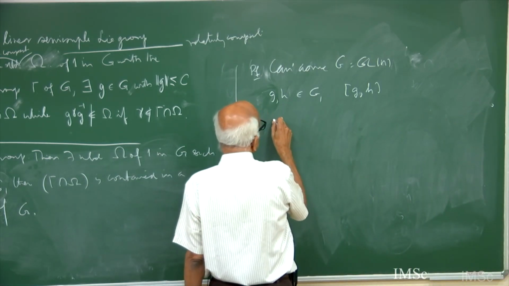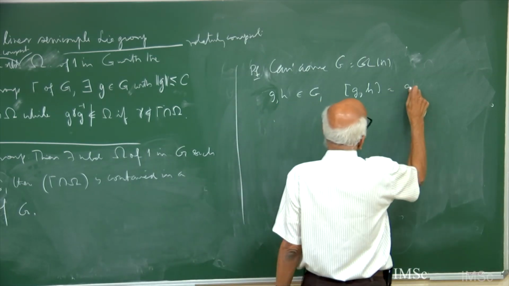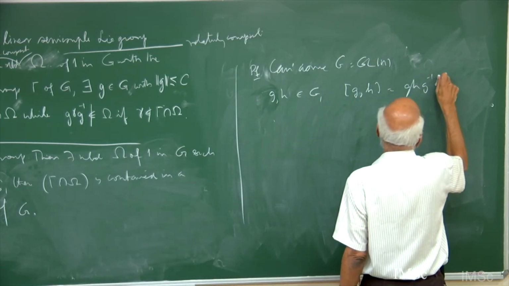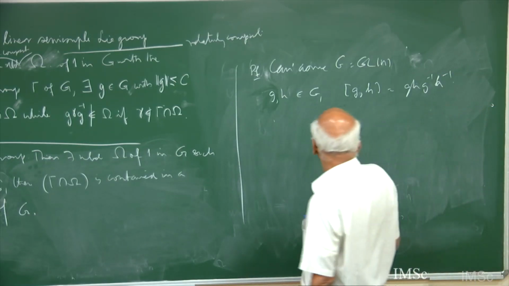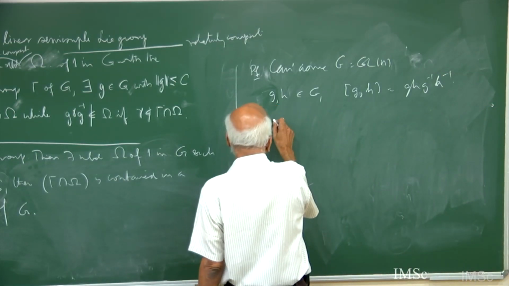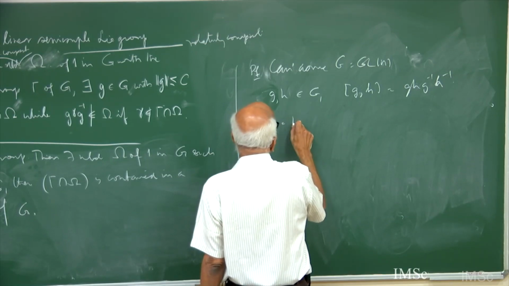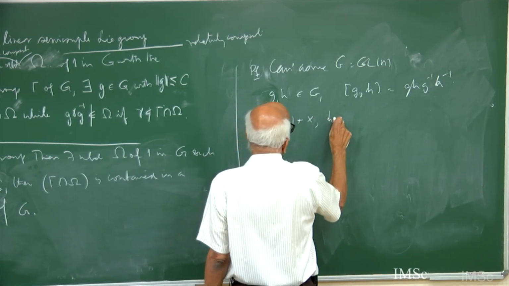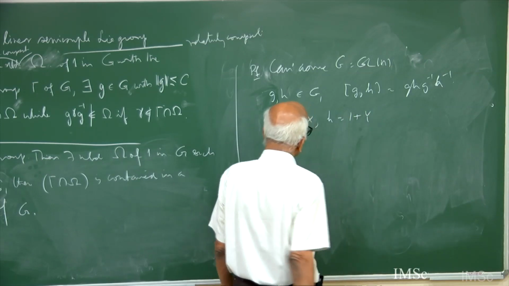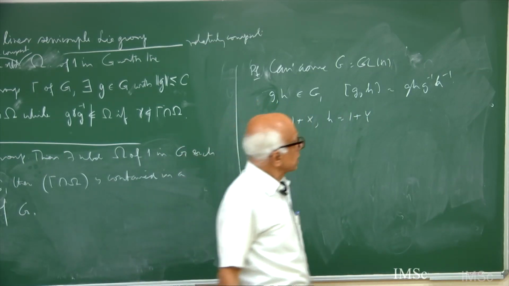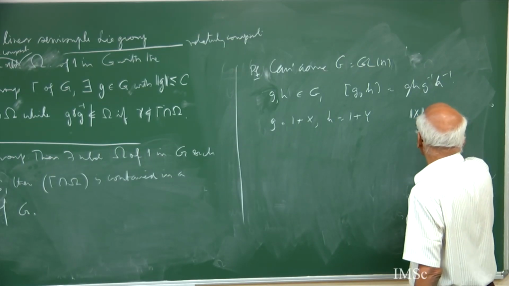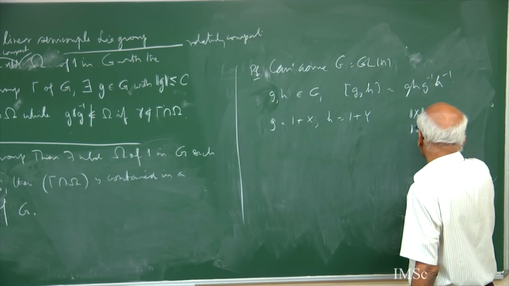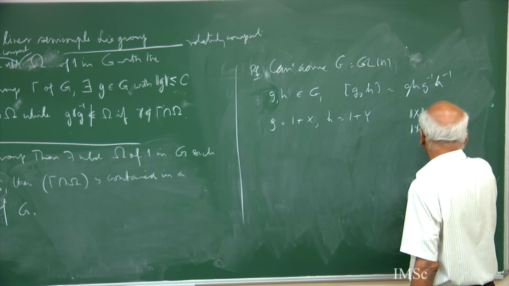You look at the commutator of g and h, which by definition is g h g inverse h inverse, the commutator bracket g h. Write g as 1 plus X, and h as 1 plus Y. Suppose norm X is less than epsilon, and norm Y is also less than epsilon.